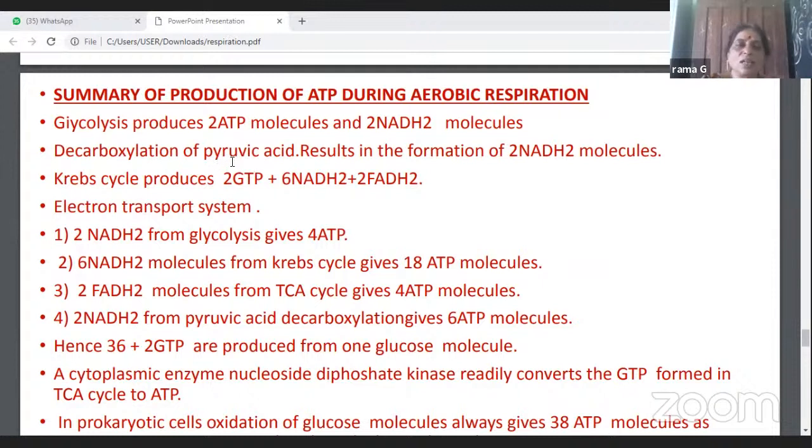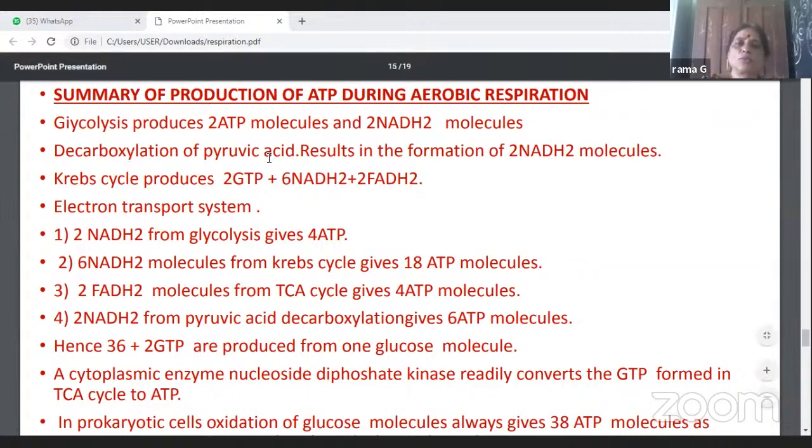If the pyruvic acid continues its changes through Krebs cycle, then definitely it should undergo this decarboxylation reaction, and this acid should be changed into the 2C compound acetyl coenzyme A. At the time of this formation of acetyl coenzyme A, one CO2 molecule will be released, and for one pyruvic acid, one NADH2 molecule will be produced.